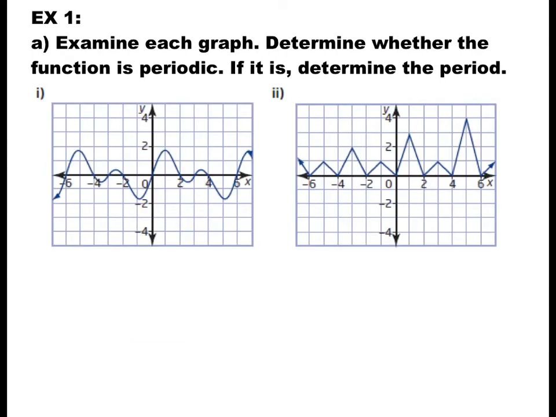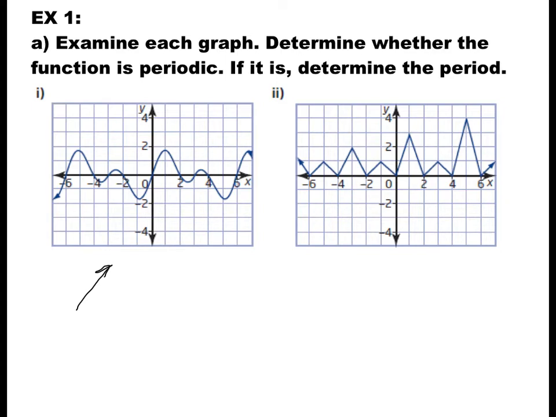Let's do a couple of examples. The first one says that we have to check each graph and determine whether the function is periodic, and if it is, we have to find the period. The first one is A, which is this function. If we look at the graph, you can see that the function repeats itself. How do we know that?